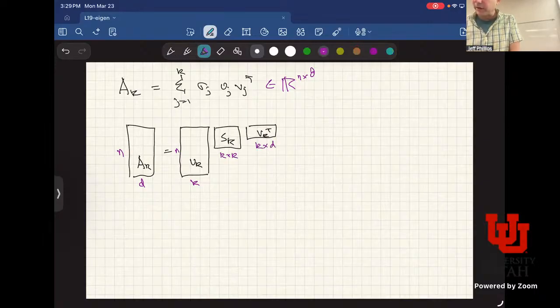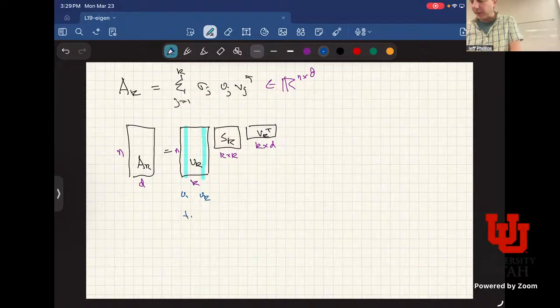Okay, so what we're going to get here, these columns here, this is U1 through Uk.